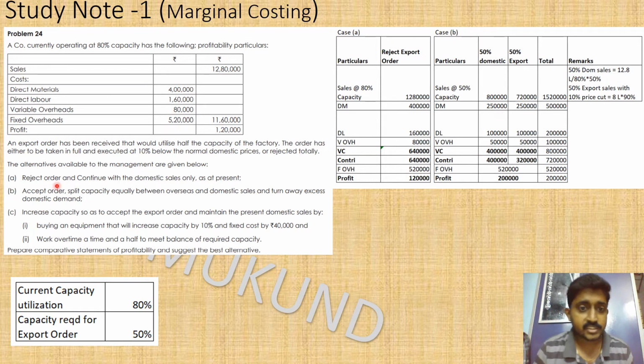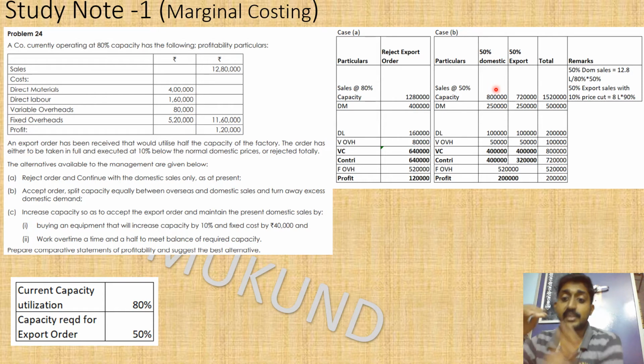The one change is that for the export order the selling price is 10% below. For 50% of capacity, if you sell domestically, 8 lakhs is the revenue. If you sell the same 50% capacity for export, there is a 10% drop in the selling price, which means 10% of 8 lakhs is 80,000.